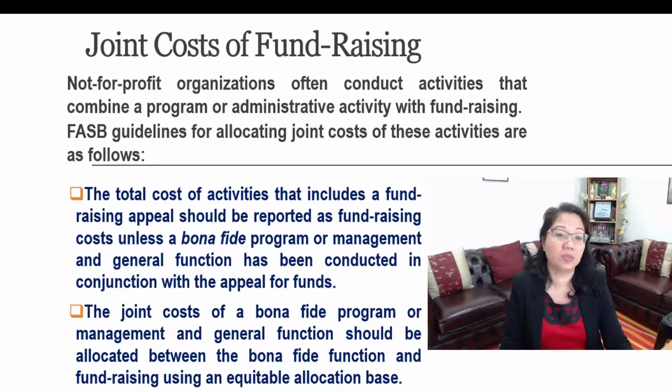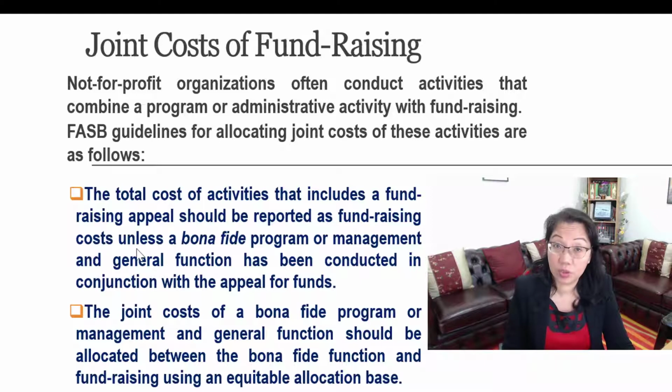They are as follows. The total cost of activities that includes a fundraising appeal should be reported as fundraising costs unless a bona fide program or management and general function has been conducted in conjunction with the appeal for funds.